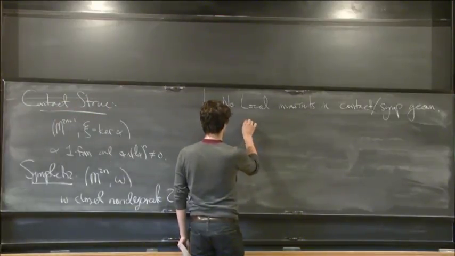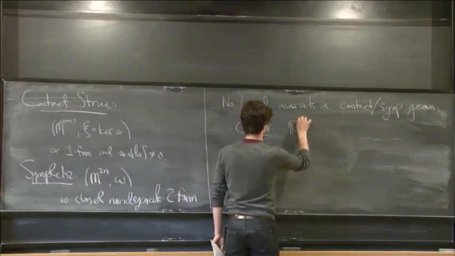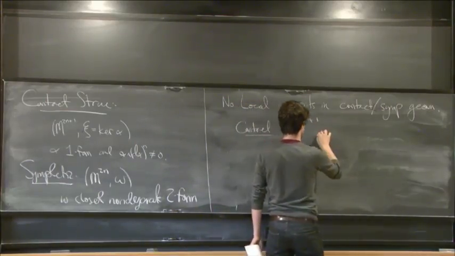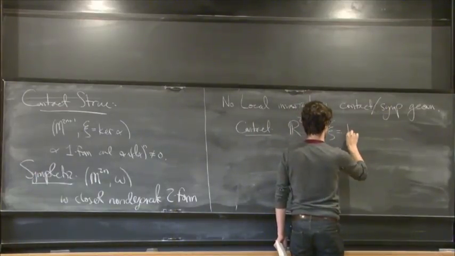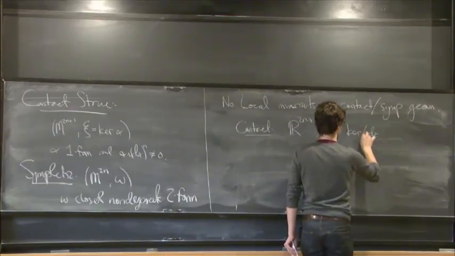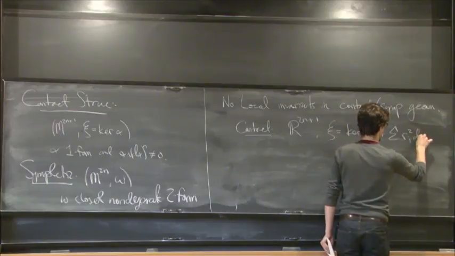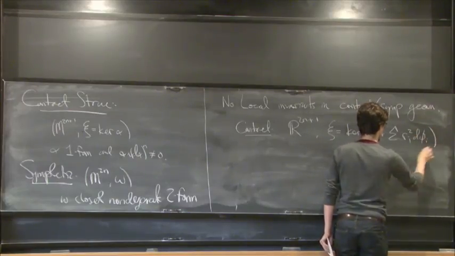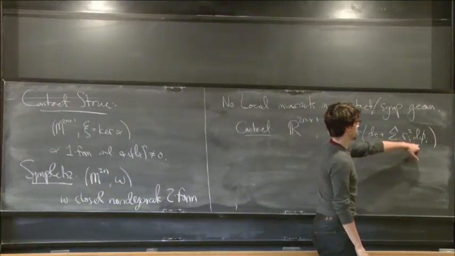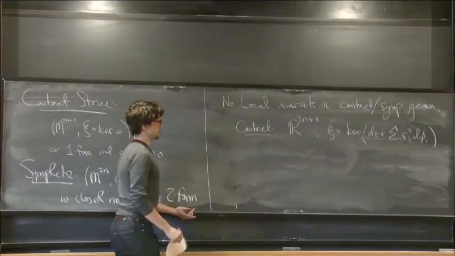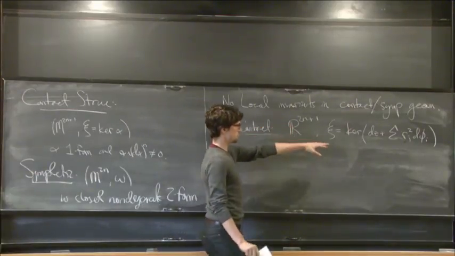So the contact form, you have R^(2n+1) and you have the kernel of dz plus the sum of r_i squared d phi_i, where these are polar coordinates on copies of R: you have one individual copy of R, and then n copies of R^2, where these are the polar coordinates.